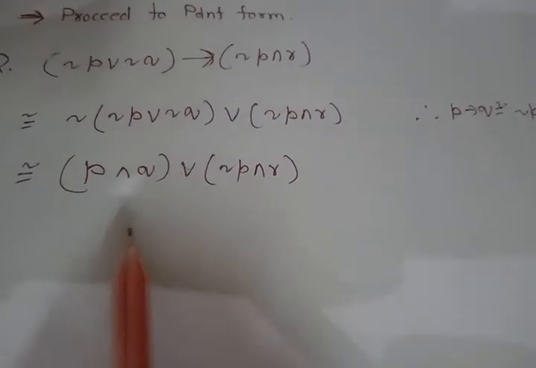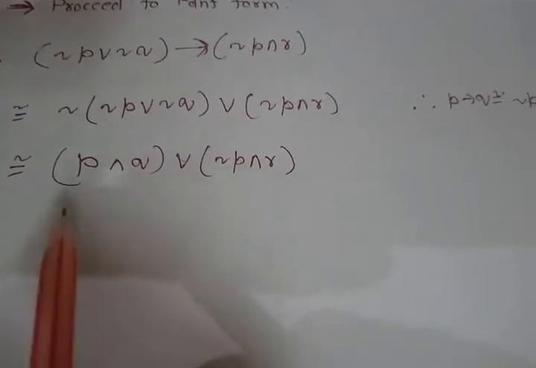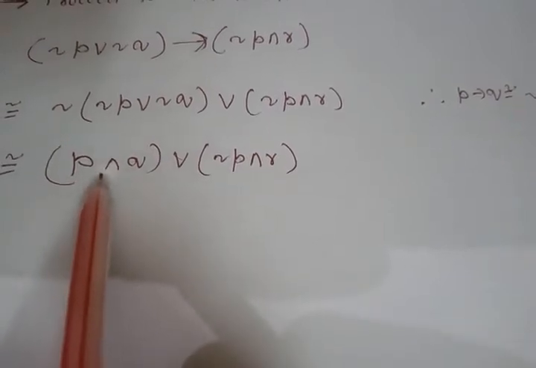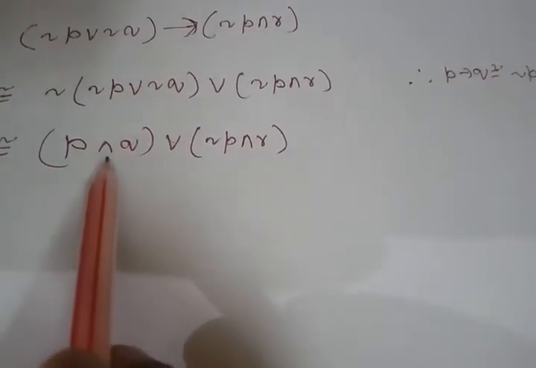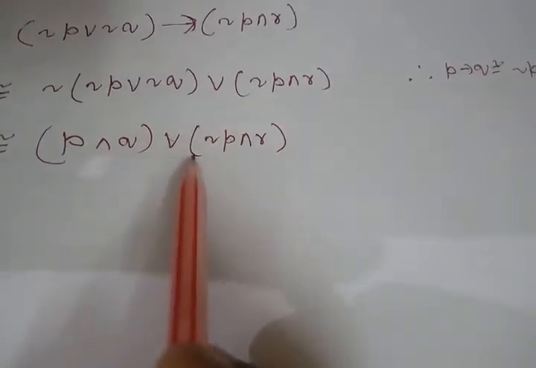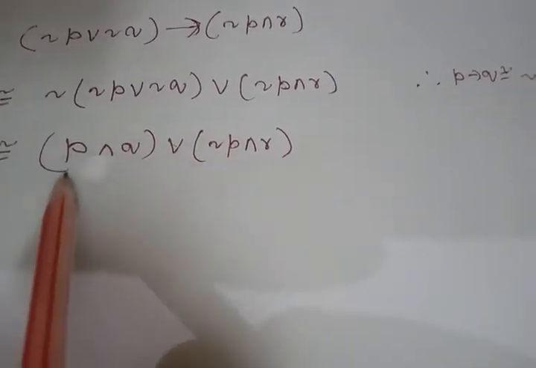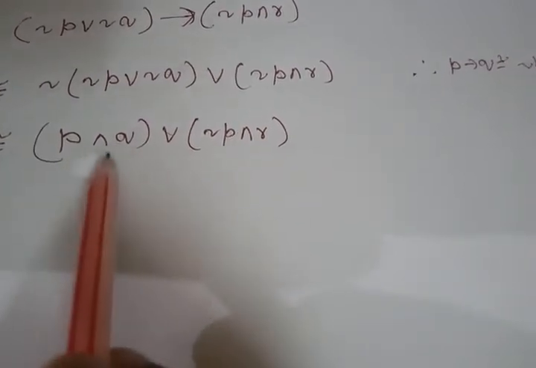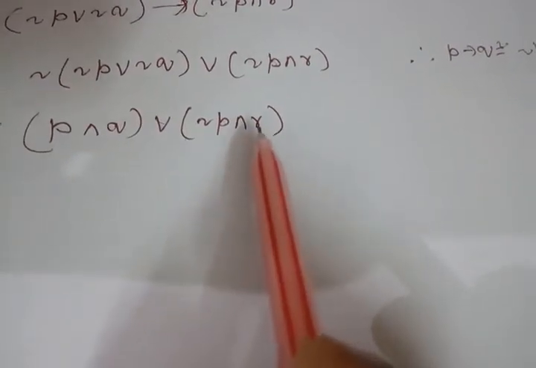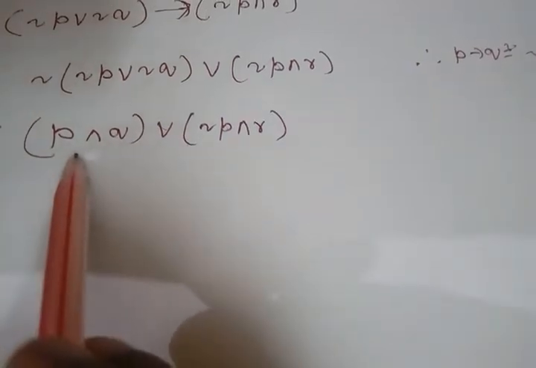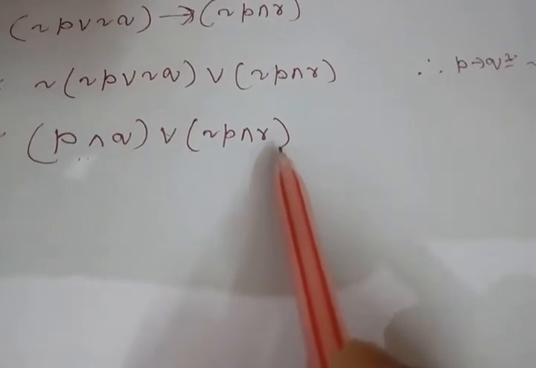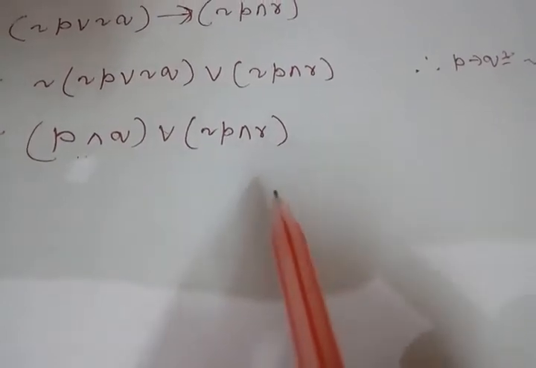So to obtain the PDNF form from the given DNF form, we have to attach the absent proposition in each compound statement. We see here in P conjunction Q, R is absent, and in the second compound statement, Q is absent. By adding R in the first statement and Q in the second, we will obtain the PDNF form.